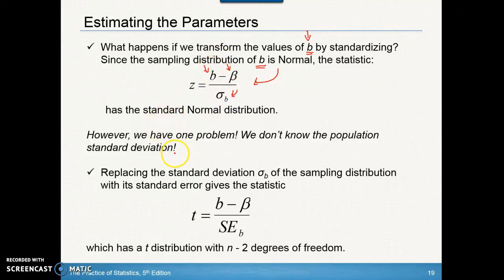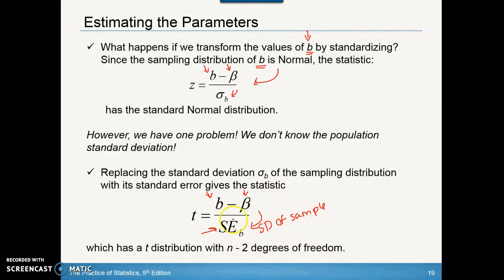However, the problem was we don't know the population standard deviation. So what we're going to do here is replace it with the standard error of the slope, which is the standard deviation of the sample. So you're going to take your sample slope minus your population slope divided by the standard error.